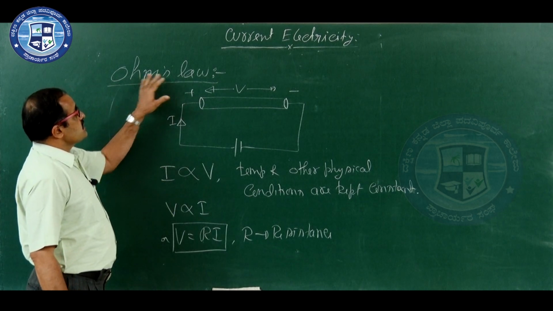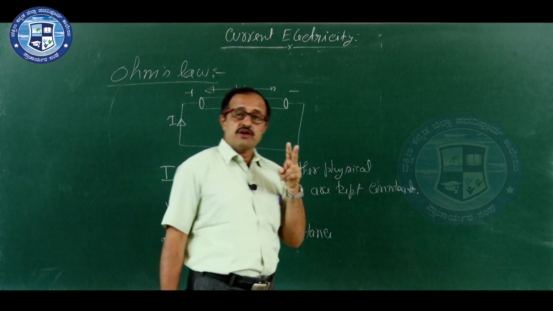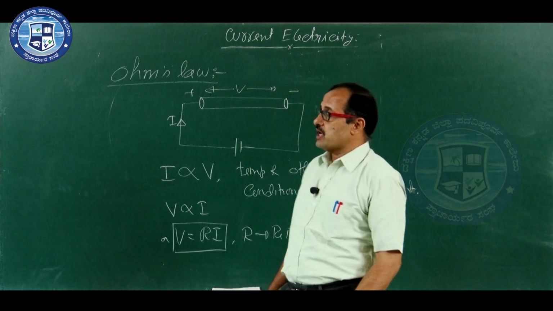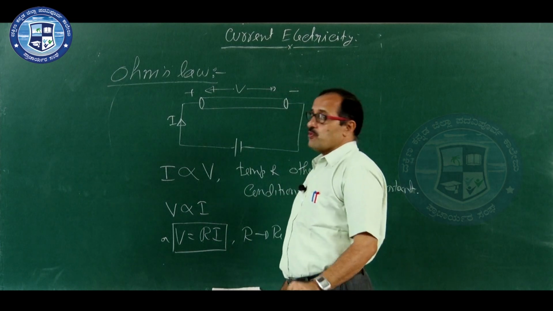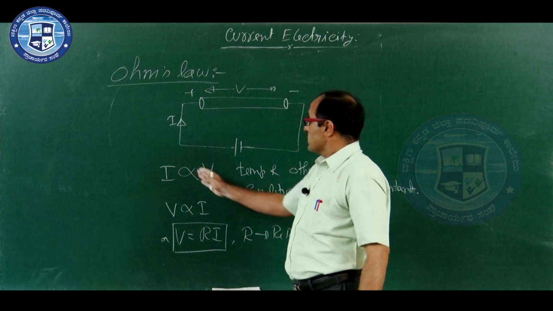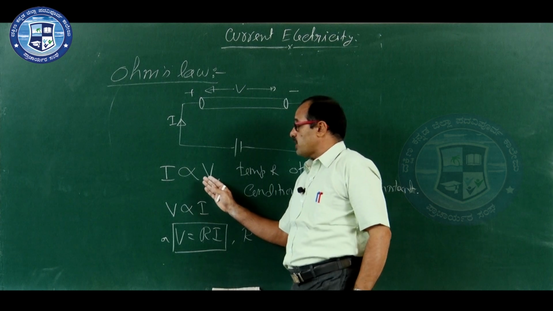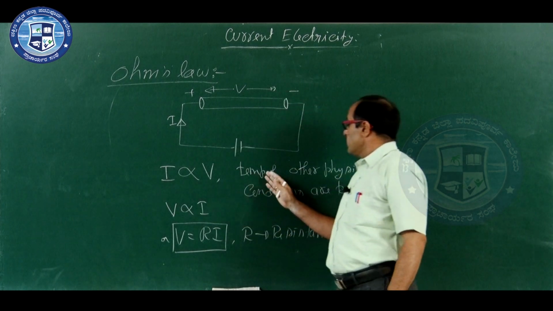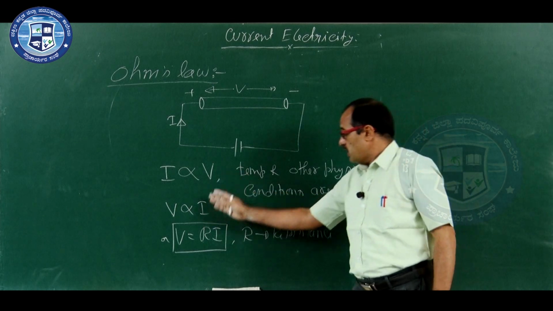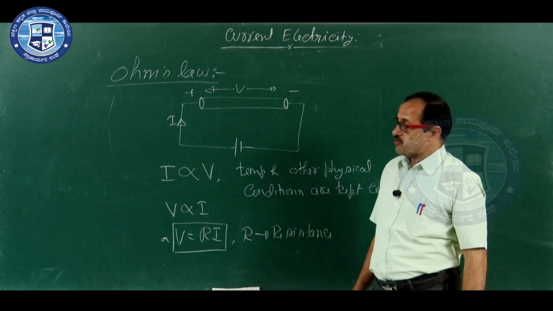State and explain Ohm's law, you can expect for 2 marks. It is a standard question. The statement carries 1 mark, and the explanation carries 1 more mark. While writing the statement, be careful. You have to write the full statement: current through the conductor is directly proportional to potential difference across the ends of the conductor, provided temperature and other physical conditions are kept constant, and this is the explanation.